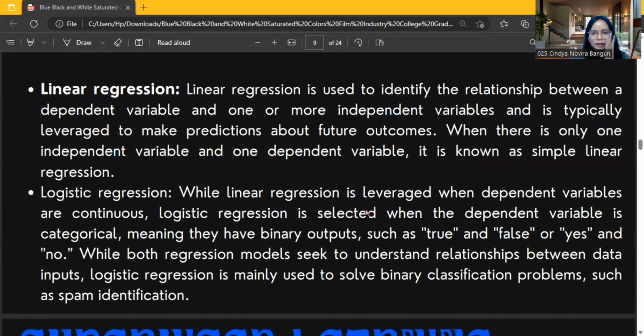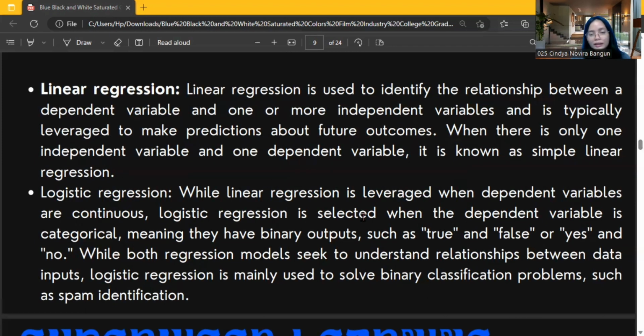3. Linear regression. Linear regression is used to identify the relationship between a dependent variable and one or more independent variables and is typically leveraged to make predictions about future outcomes. When there is only one independent variable and one dependent variable, it is known as simple linear regression. 4. Logistic regression.